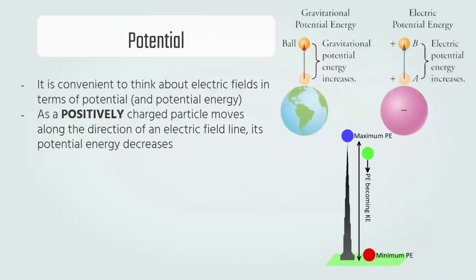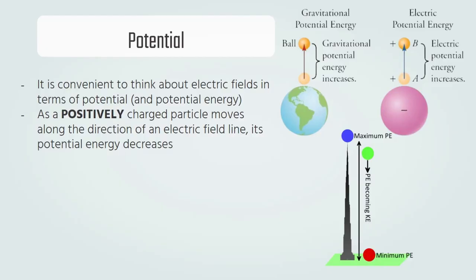And if we take a moment to think about what that actually means, that means our description of how much potential energy a particle has is dependent on the charge of that particle, which can be useful in some cases.